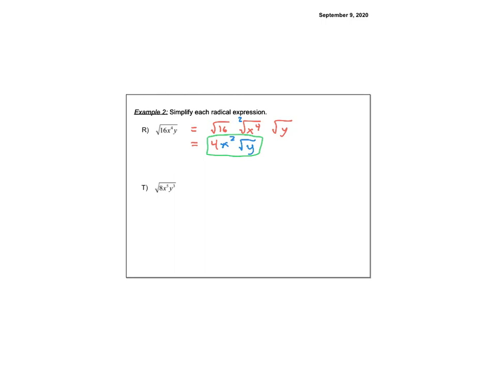Let's try another one like that. We've got to break down 8. It'd be 4 and 2. Break down x to the fifth. The thing about square rooting variables is that the power has to be divisible by 2. So in order for us to do that, we want to have x to the 4th or x to the 6th, not x to the 5th or y to the 3rd.